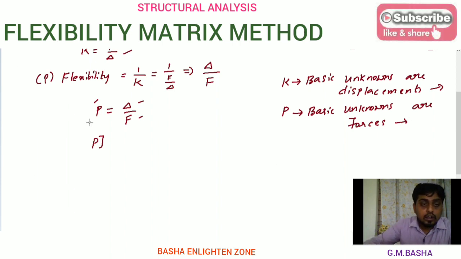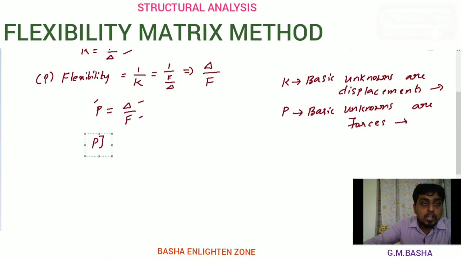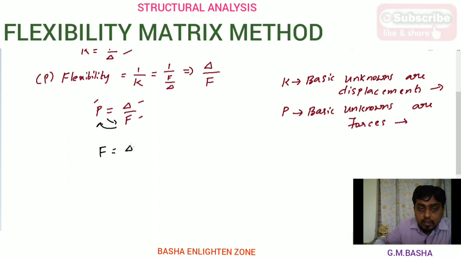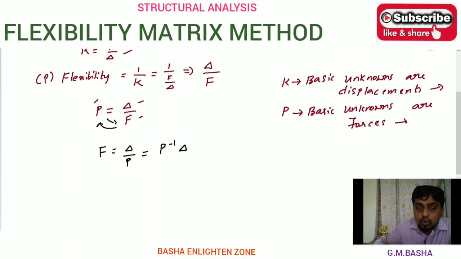Since our basic unknowns are the forces, I am taking F this side and P this side. Therefore F will be equal to delta by P, which is P inverse into delta. In matrix form, F will be equal to P inverse into delta.